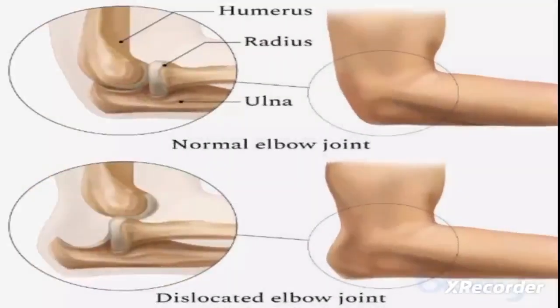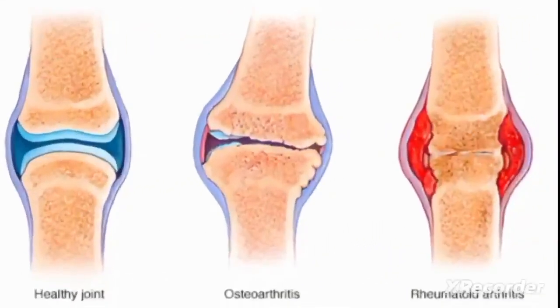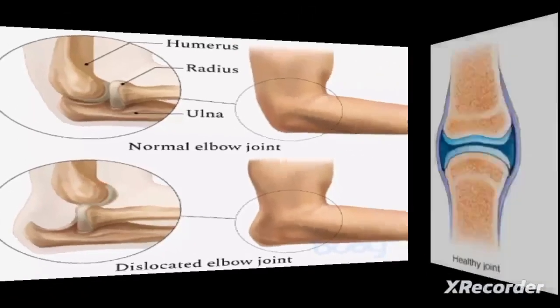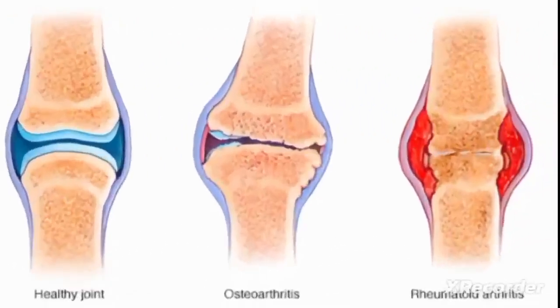Dislocation involves the bone having moved out of its original position. This is the original position, and we can see that it has moved out of its original location, thereby causing dislocation.